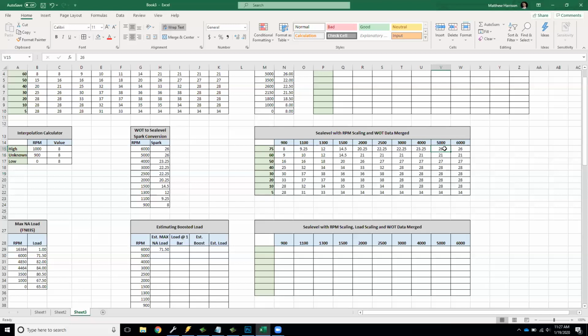So if I've got at 5,000 here, 26 and 27, and I want to find the middle ground, we could use the calculator and do that. But I don't know, I'm feeling lazy. Let's just type it in. So let's run 26.5, 26.5. Here, let's run 25. This will be close enough because we're going to do a bunch more massive changing here in a minute anyways.